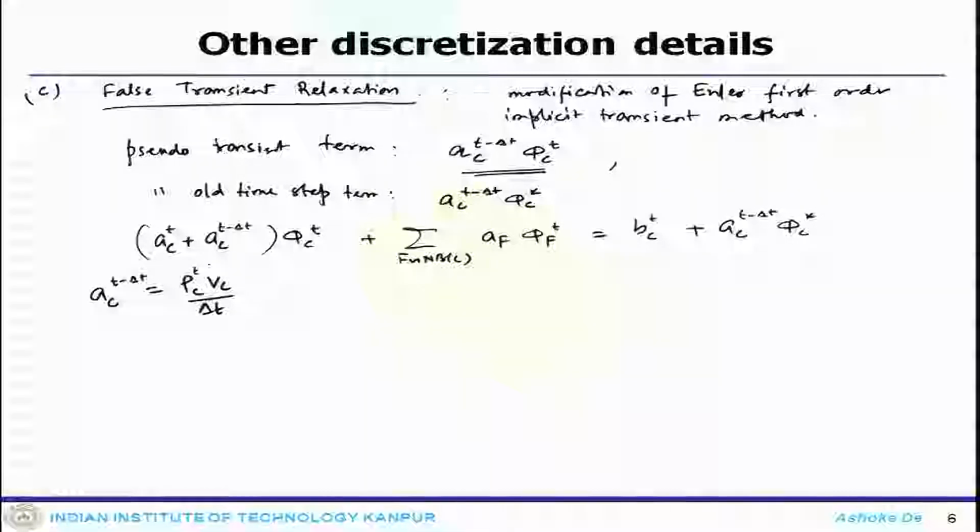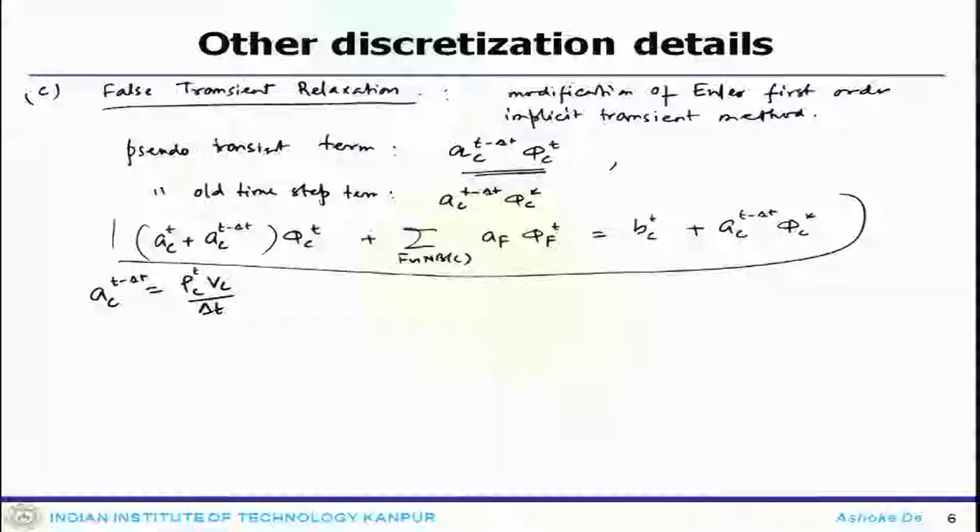So, it is basically equal to the transient coefficient obtained from the first order implicit Euler discretization, where rho is density and V is the element cell volume.